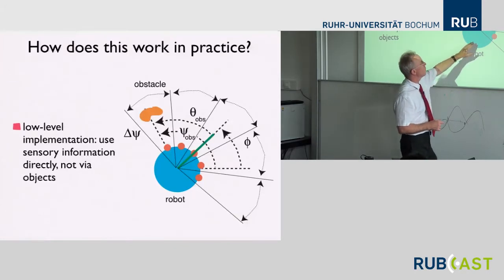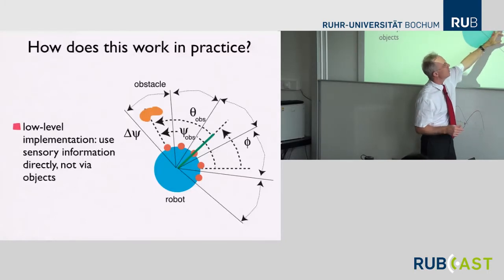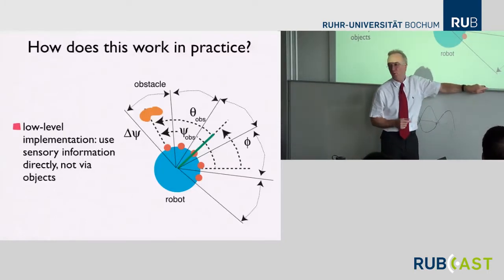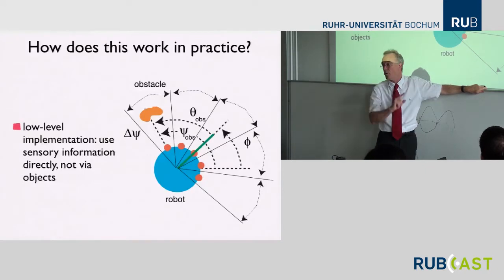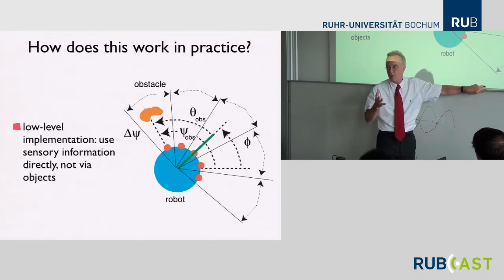And so what we then say is that every sensor always repels from the direction in the world in which it is looking. And the repulsion strength is a function of the distance measured there. So it's no longer meaningful to talk about that as an obstacle. It's just a sort of obstacle constraint that we get for every direction.